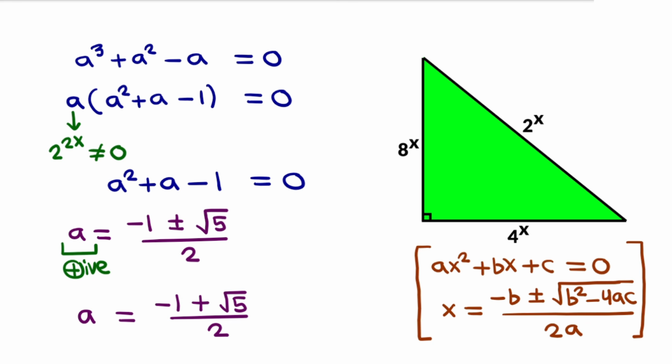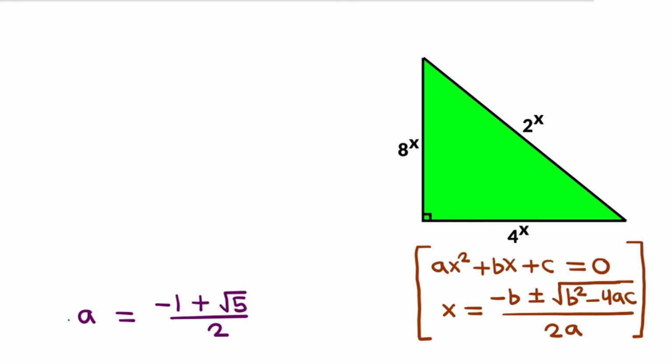Now, let's undo our substitution. Since a equals 2 to the power of 2x, we have 2^(2x) equals negative 1 plus the square root of 5, all divided by 2. To solve for x, we take the logarithm of both sides.